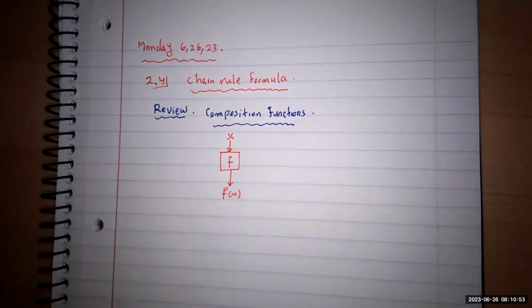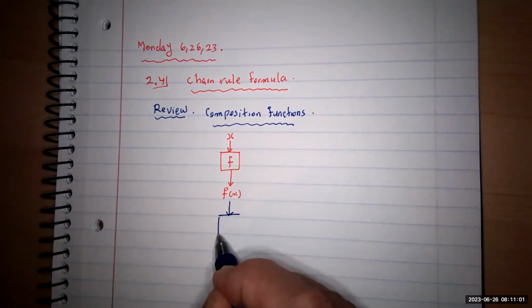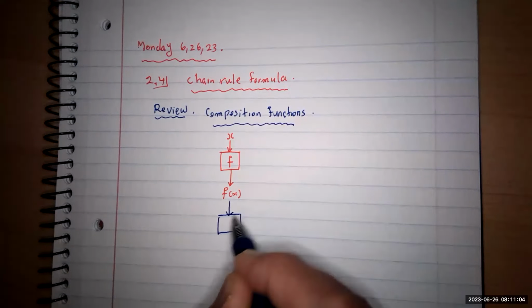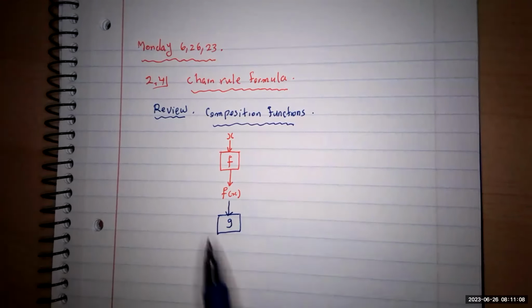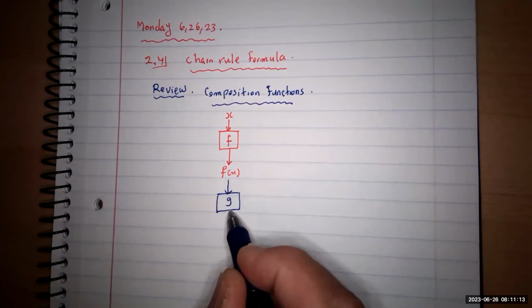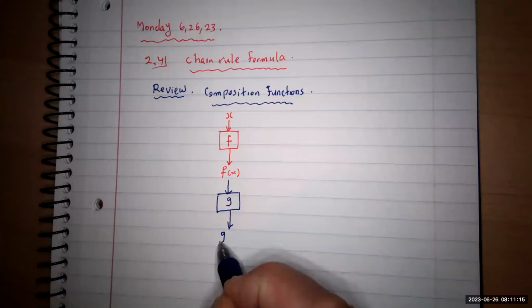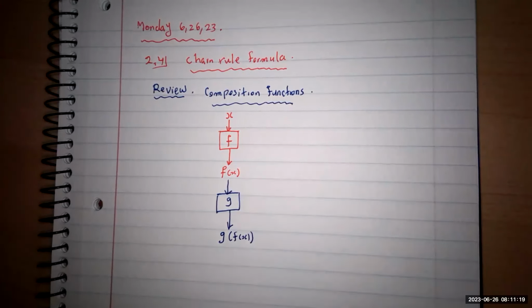You apply for the job, they receive your application. They check your application. If they like it, they ask you to come for an interview. So your interview is going to be your second function, the g function. The g function would operate on f of x, would operate on your files. So the result is going to be g of f of x. You may continue, of course. You may have a second interview, so you are going to bring another function.